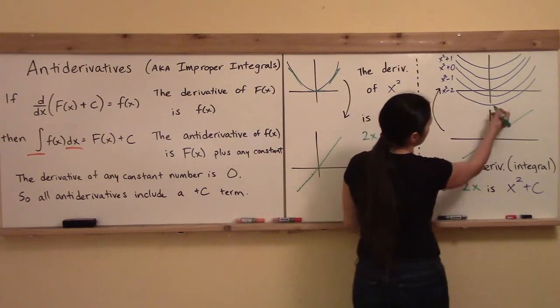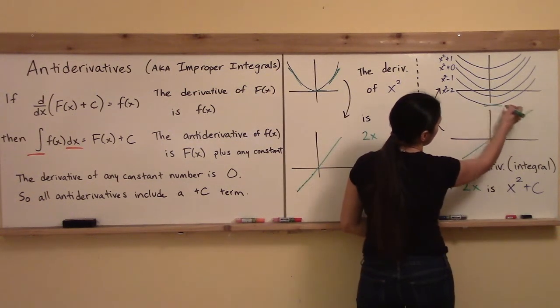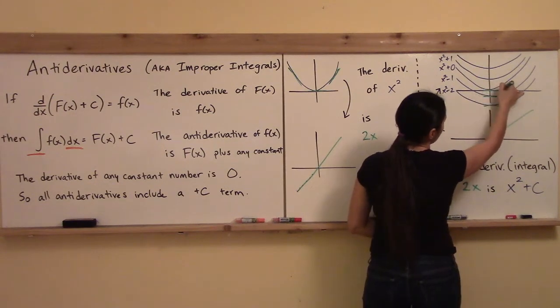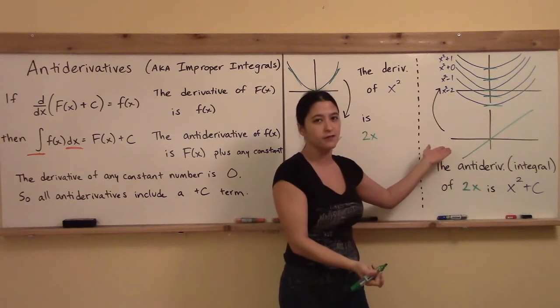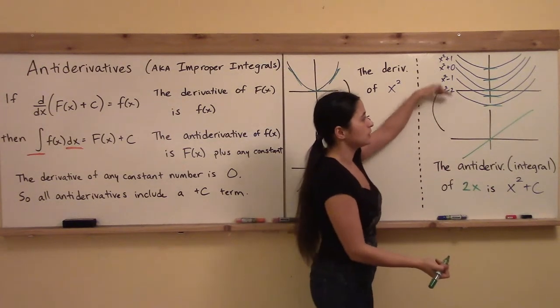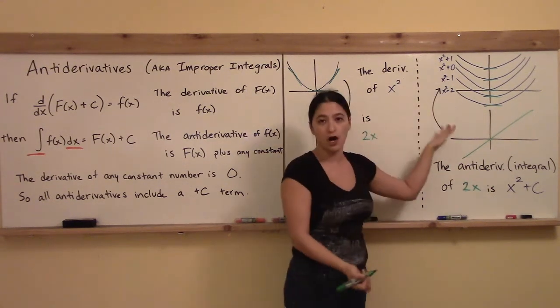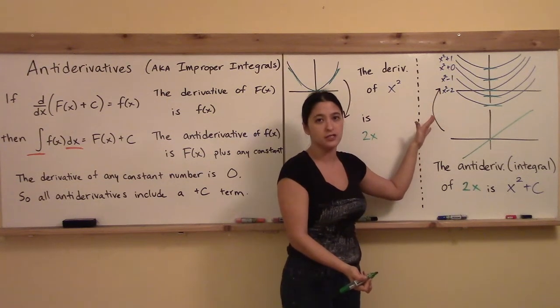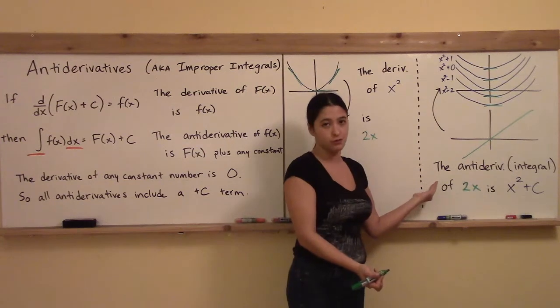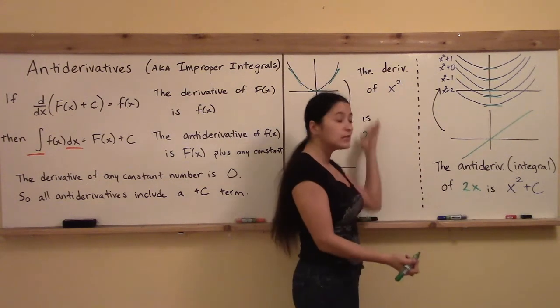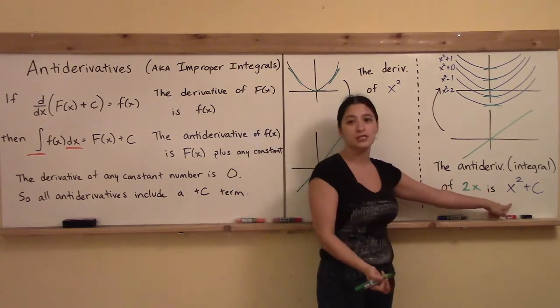Like for instance, at the point x equals 0, horizontal slope, horizontal slope. Look at the tangent lines on each of the functions in this whole family of functions, which are all vertical translations of each other. They all share the same slope on their tangent line at a given value of x. That's why they all share the same derivative, and that's why the antiderivative must include the plus c term.